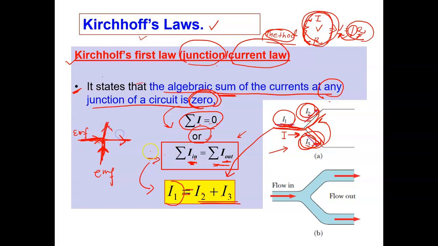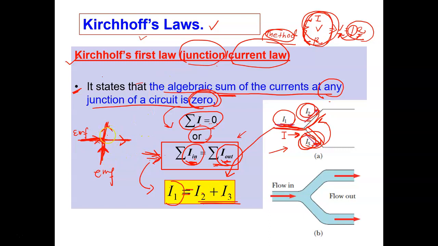Remember, to follow this law, there is supposed to be a current into the junction, and there is supposed to be a current out from the junction. If there is no current out, but there is a current into the junction, then you will not follow this law.